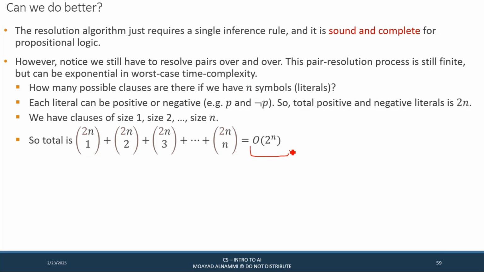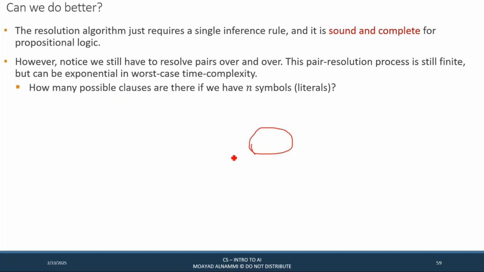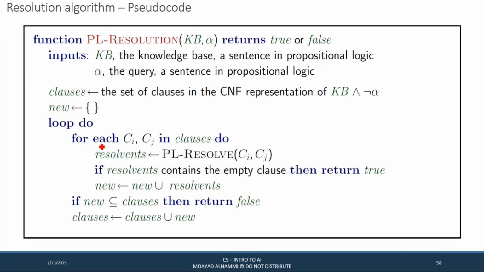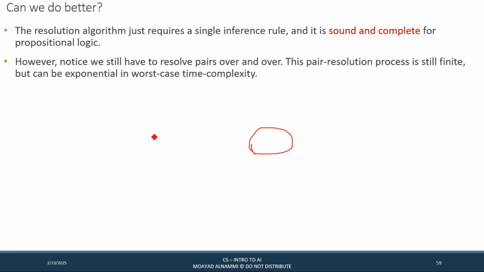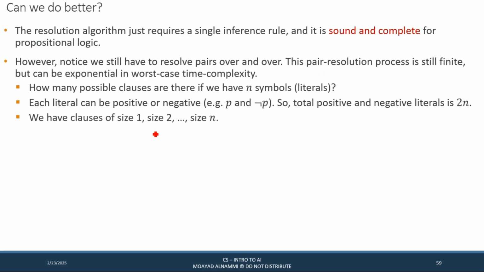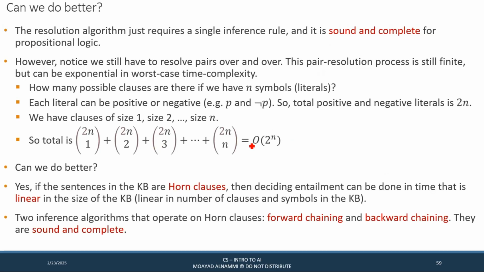And this is around 2 to the power of n. So in the worst case, this loop might loop on clauses of size around 2 to the power of n, plus you're looking at pairs of clauses, right? So it's exponential time complexity.